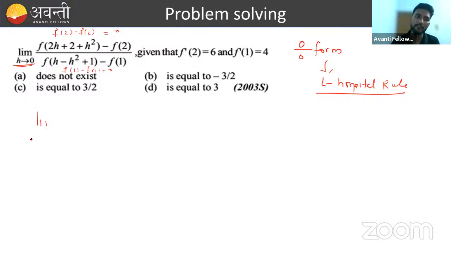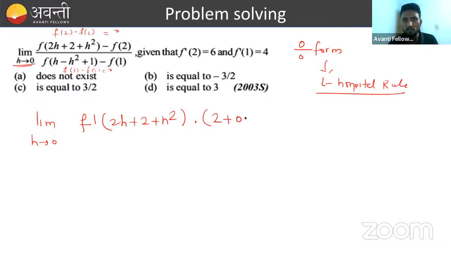L-Hospital rule says that you differentiate the numerator and differentiate the denominator. If I differentiate the numerator, what will I get? f dash of (2h plus 2 plus h square), and then by the chain rule, the derivative of 2h will be 2, of 2 will be 0, of h square will be 2h.